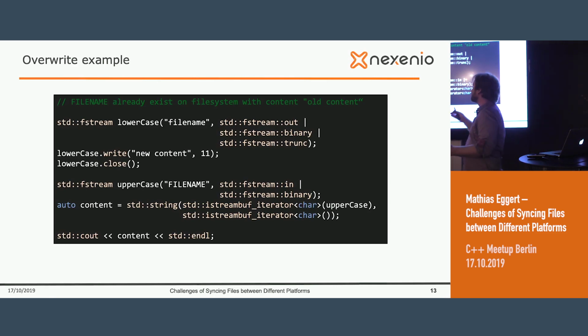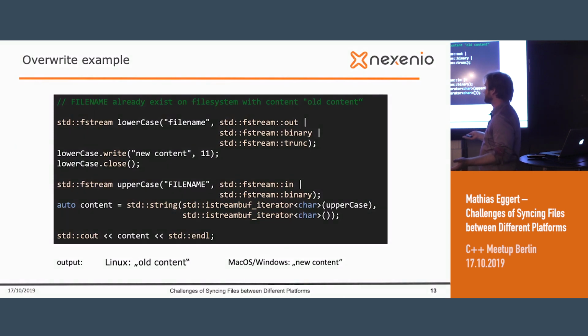At the beginning, we have an uppercase file name stored on the file system with the content, old content. And what we're doing now is opening the lowercase file name and writing the new content to the file system. And at the end, we're just printing out again the file content of the uppercase file name.